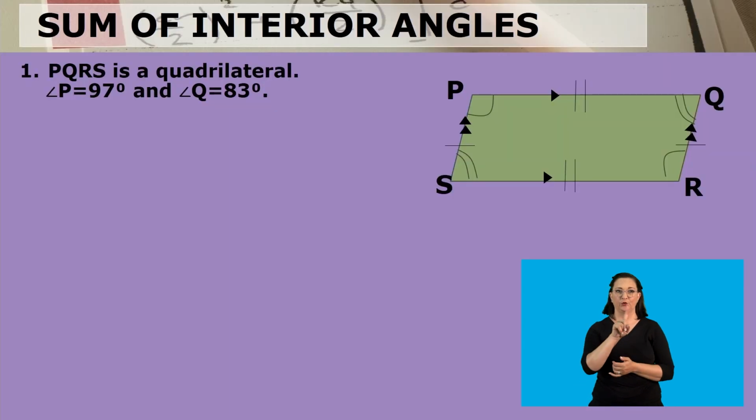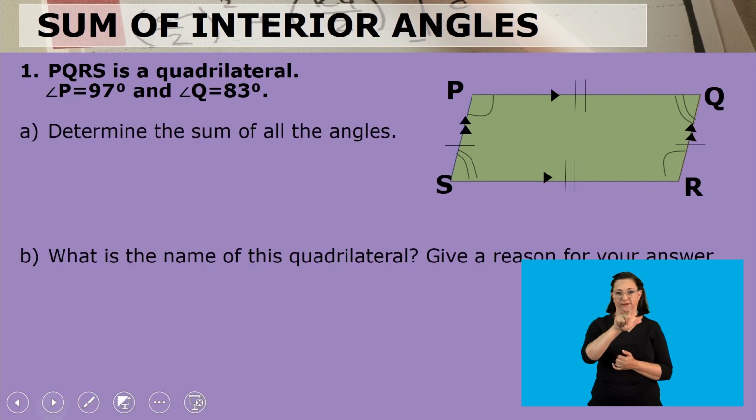Let's look at a typical question in this section, in terms of the sum of interior angles. Here's a question. PQRS is a quadrilateral. Angle P equals 97 degrees, and angle Q equals 83 degrees. And we are asked to determine the sum of all the angles. That means we are now to add all the 4 angles. Remember the signs that are in the marking.